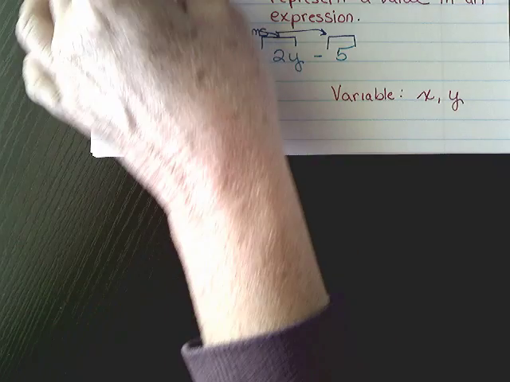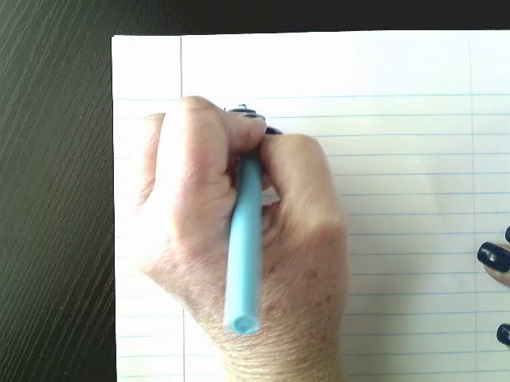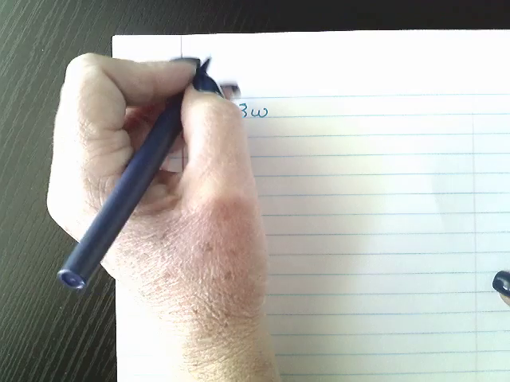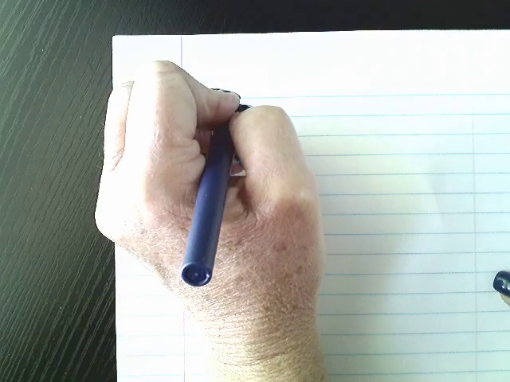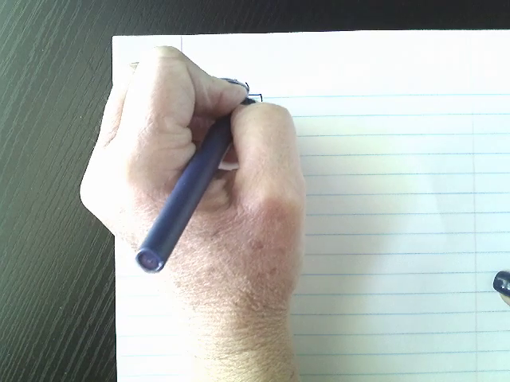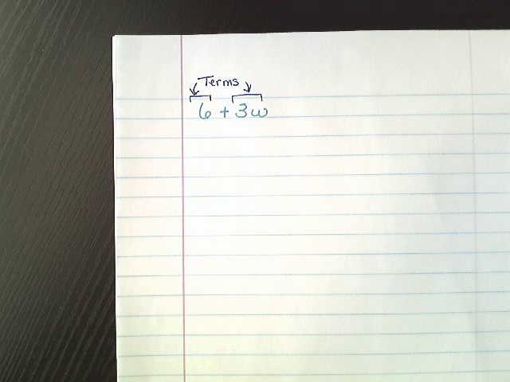All right, let's try a couple more examples. We have 6 plus 3w. All right, so how many terms do we have? We have 1, 2. So we have 2 terms, because we have one plus sign and it is separated.